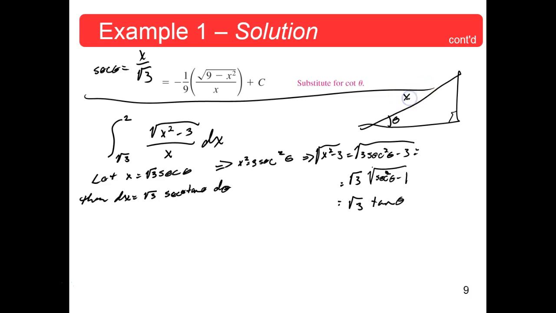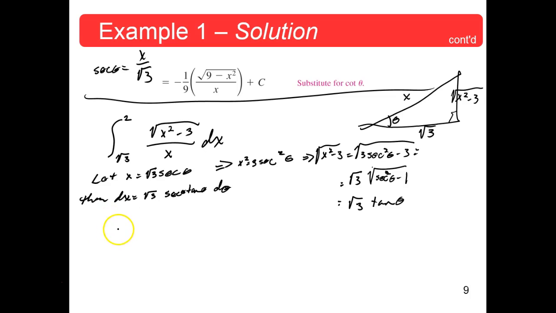Hypotenuse, which that would now be my x, over adjacent, which now has to be root 3. So what does that make our opposite side? Wouldn't that be that? Which is exactly what we have here. Interesting, but true.